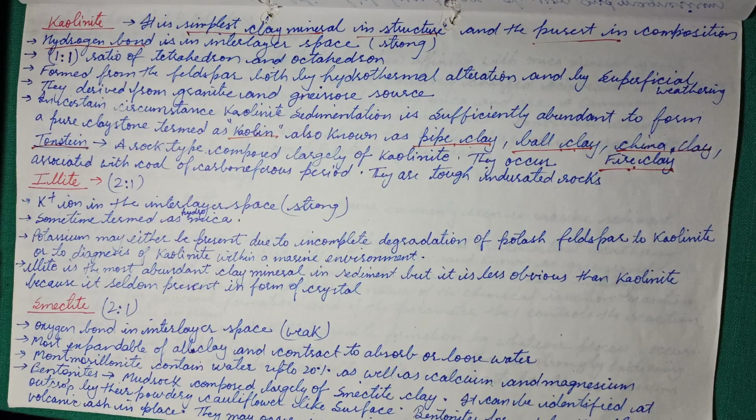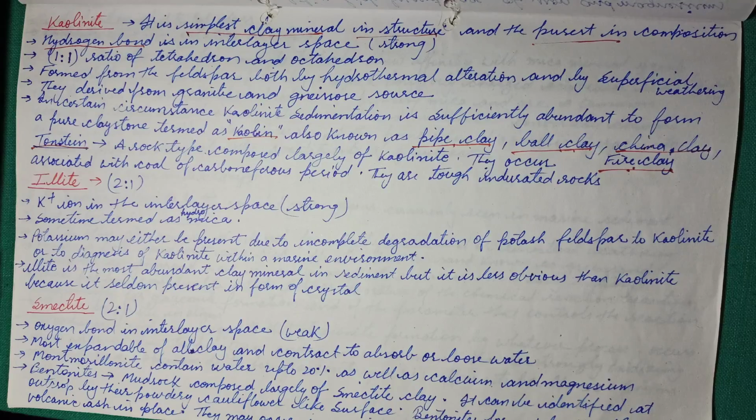Such kaolinite that occurs with coal and has Carboniferous age is known as tonstein. It is tough and indurated, meaning it is a hard rock. It is not easily friable, of course, because it has hydrogen bonds in the interlayer spaces.